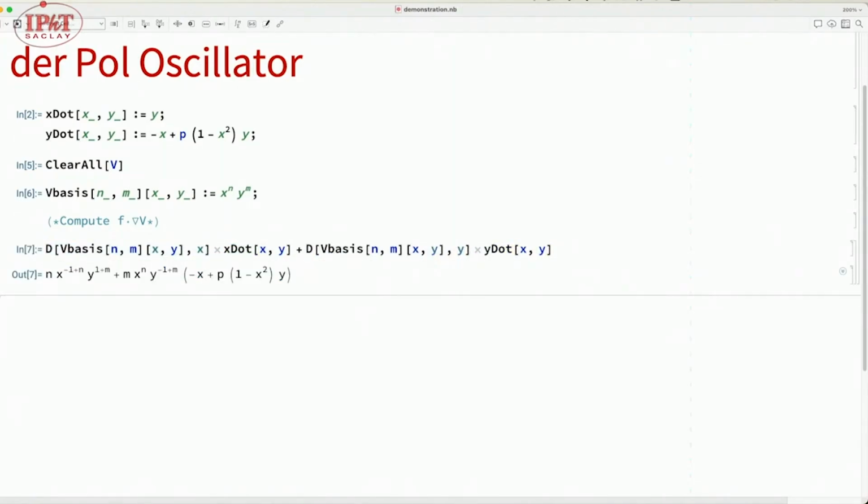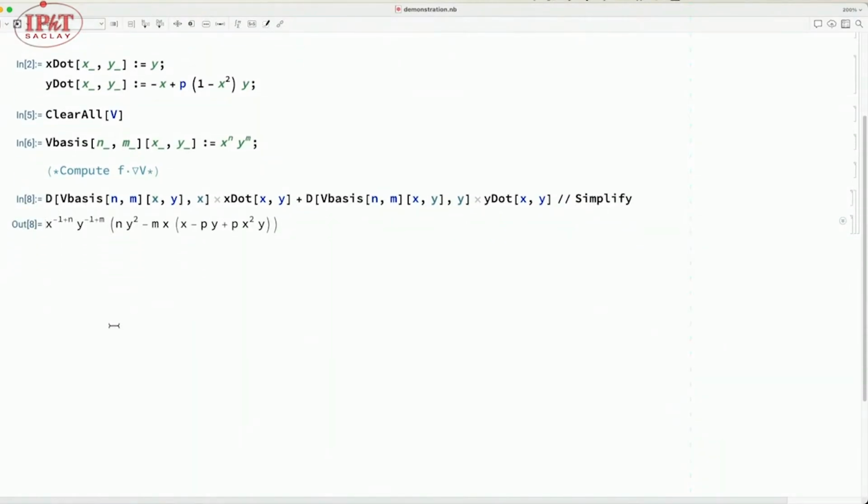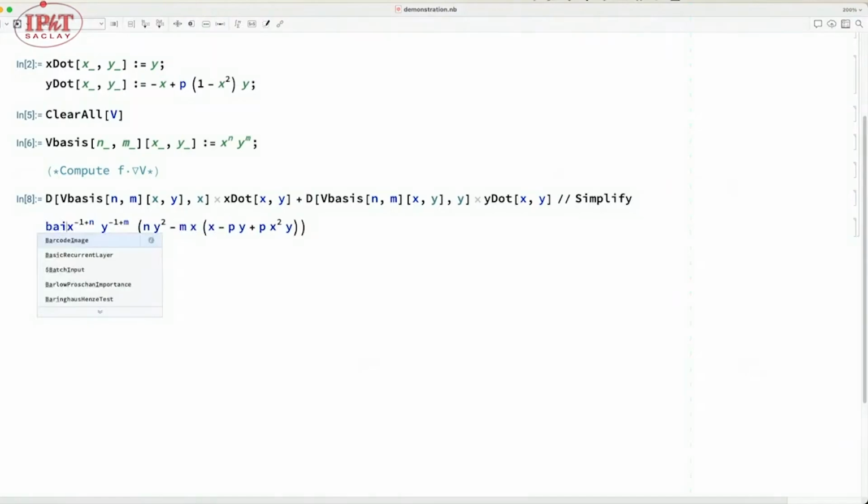Okay, so this is f dot nabla v. Maybe we can simplify it a bit. I'll just call this basis w.